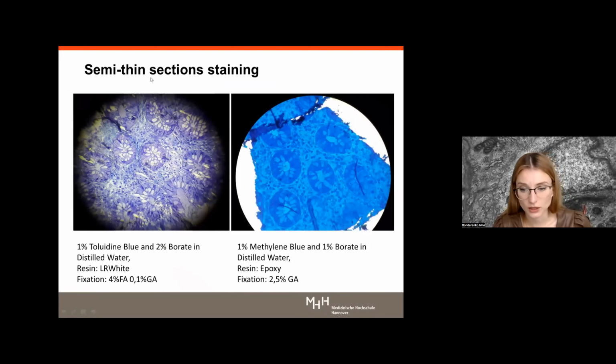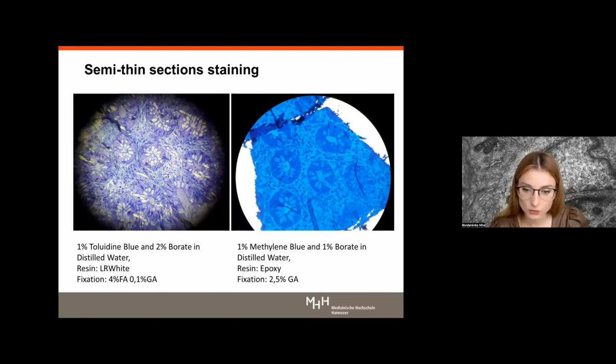After that, when we receive this semi-thin section, we put it on the slide and stain with toluidine blue or methylene blue, some stain that can penetrate the resin, and get a first impression of our block from the light microscopy.